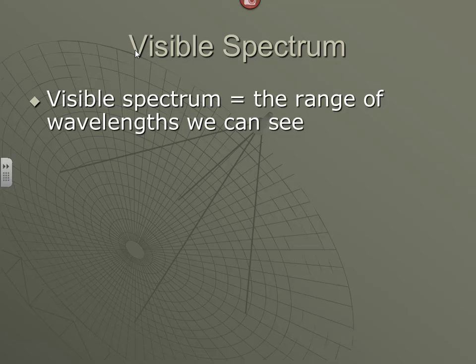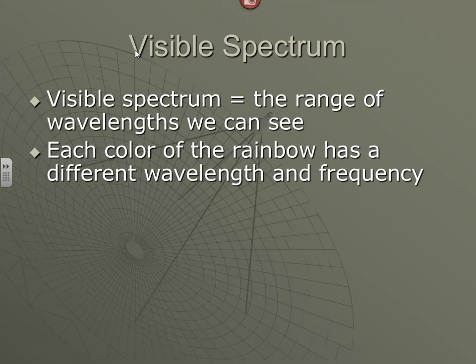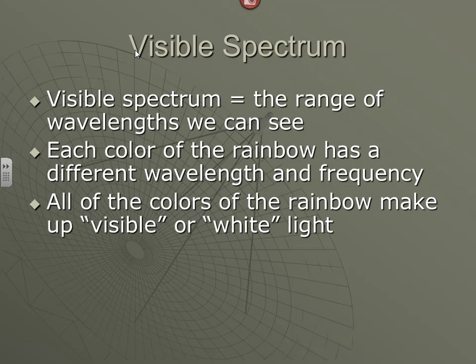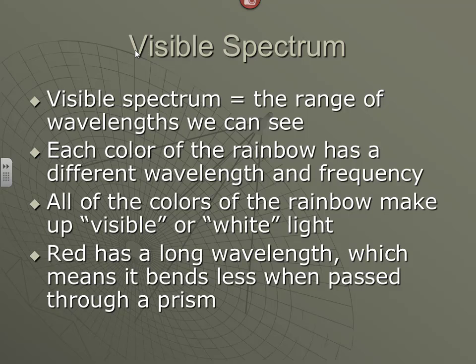It's a very small slice of all the energy that's produced. And each color of the rainbow has its own wavelength and frequency. If you put all of the colors together, then of course you get visible light, or what we call white light.